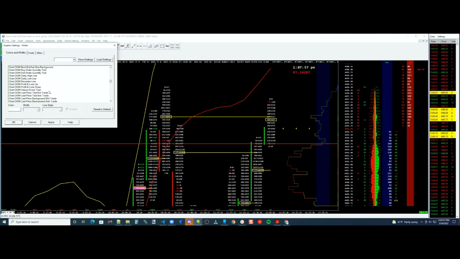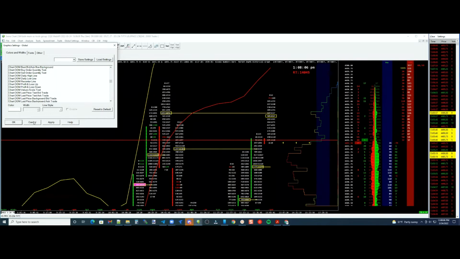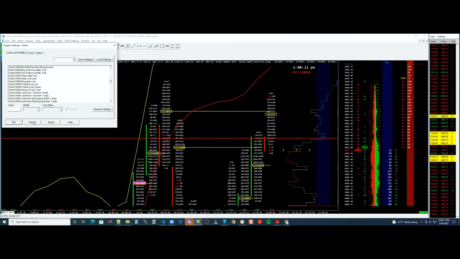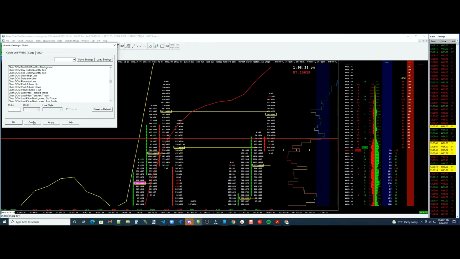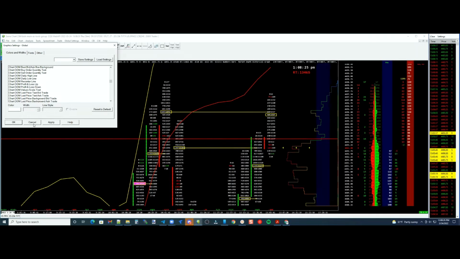Any way to show the average price based on profit and loss on chart? Vic H, I do not know. Any way to show the average price based on your profit and loss on the chart? I actually don't even understand that question, if you want to know the truth. That's where you're throwing me, with the based on the profit and loss.